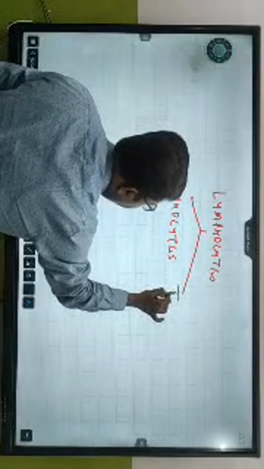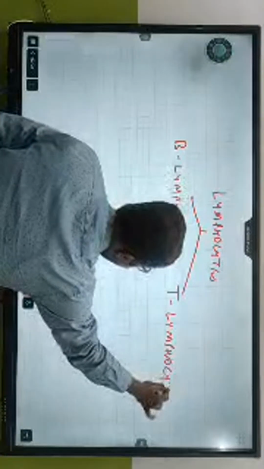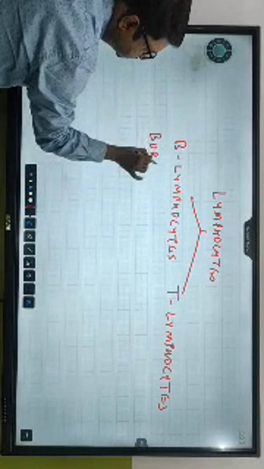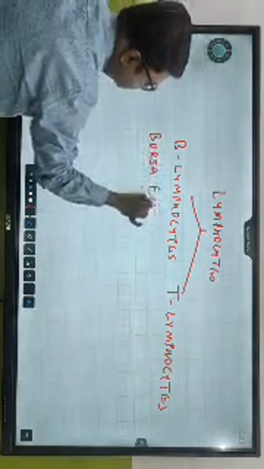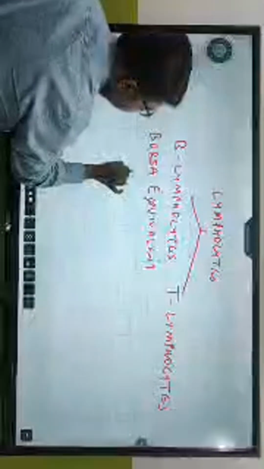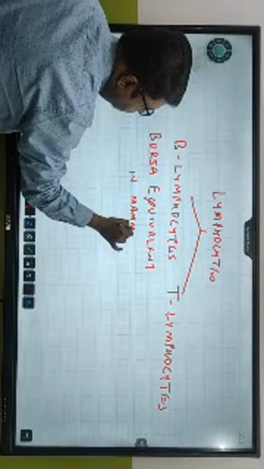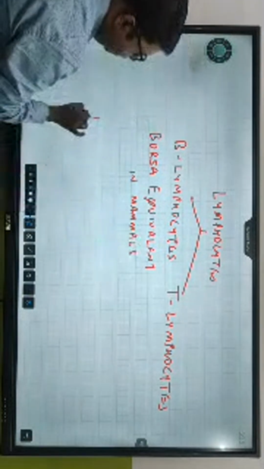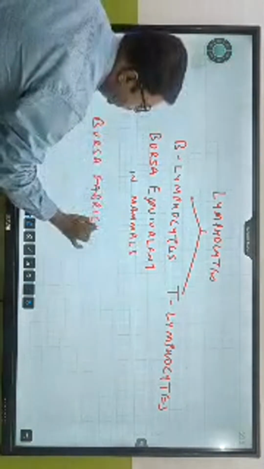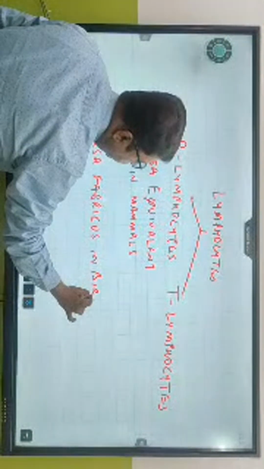Who's going to tell me what is the meaning of the term B lymphocytes? What does B stand for? Bursa equivalent in mammals, and in birds it is Bursa of Fabricius.